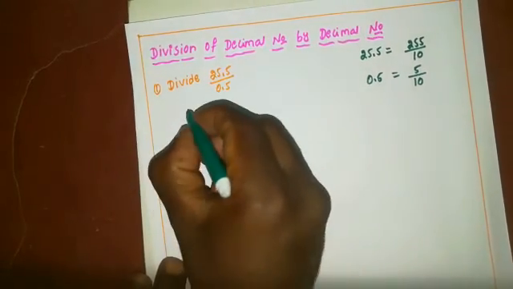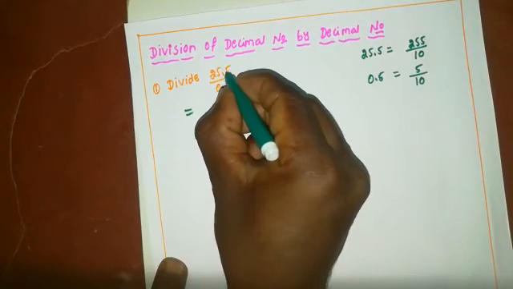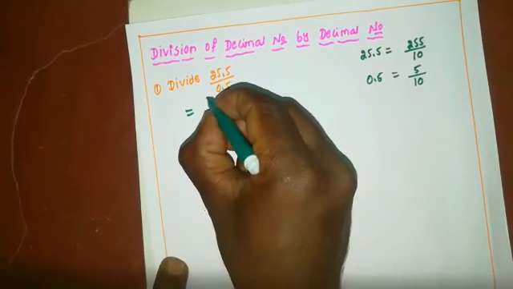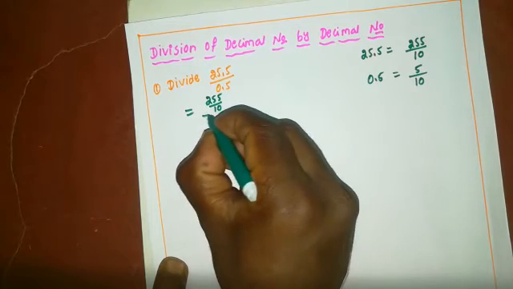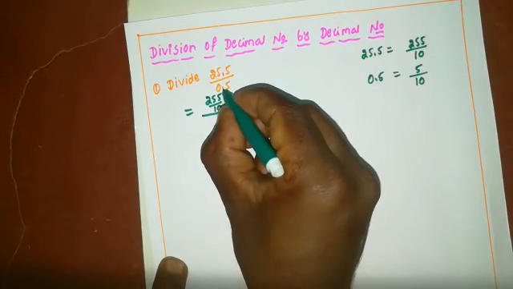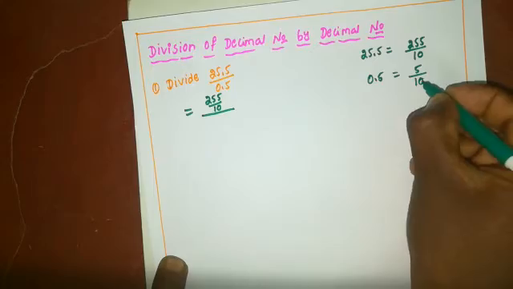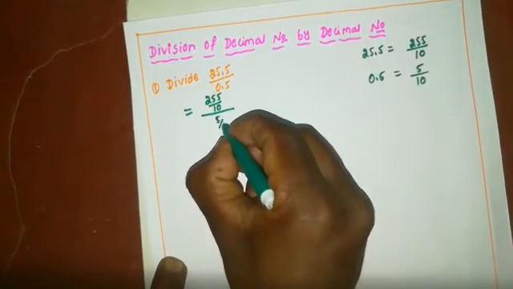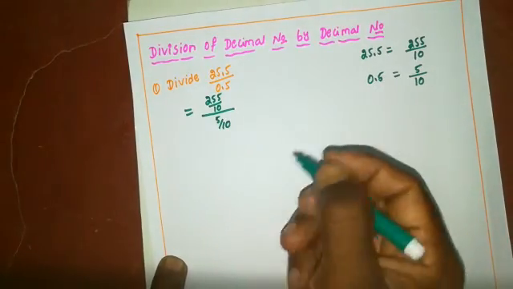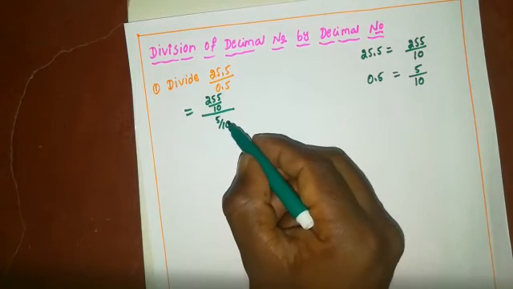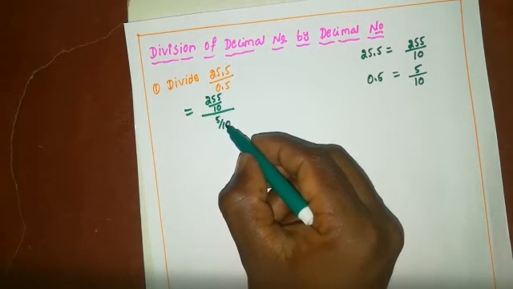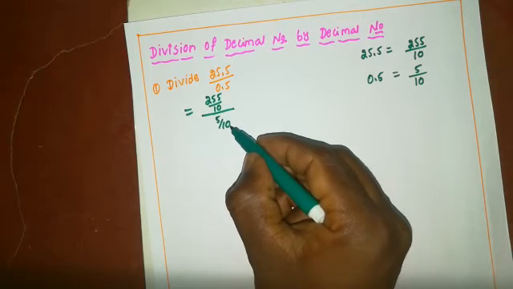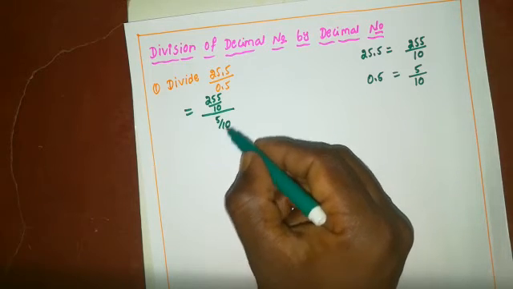Now we can write 25.5 as 255 divided by 10, whole divided by 0.5 as 5 divided by 10. Here it is the division of a fraction by a fraction. In the previous class we learnt how to divide a fraction by a fraction.